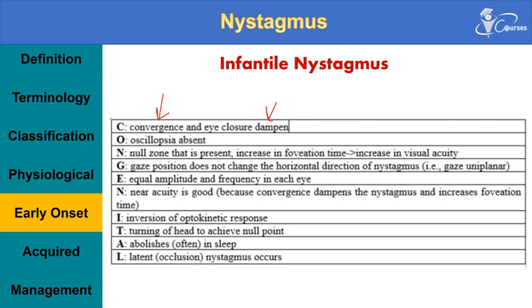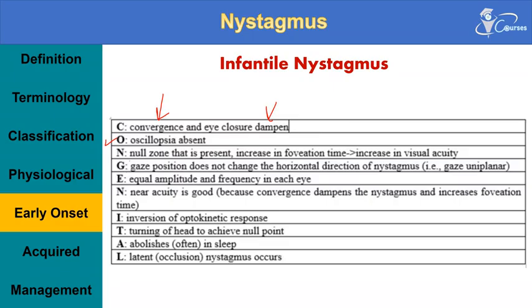If the patient closes his eyes, the nystagmus will decrease. So this is the C. What is the O? Oscillopsia is absent. These patients don't report vibration of the things around them. They don't complain of oscillopsia. They see everything steady, no problem at all.